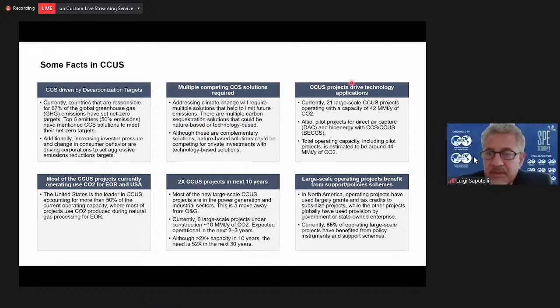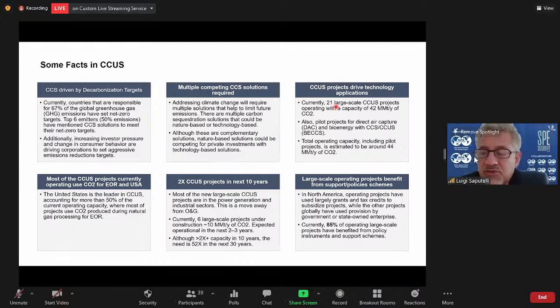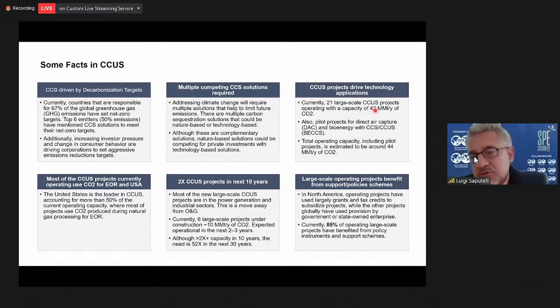The CCUS projects have been driving the technology applications. For example, today there are about 21 large-scale CCUS projects operating around the world, summing up a capacity of about 42 million tons per year, okay?